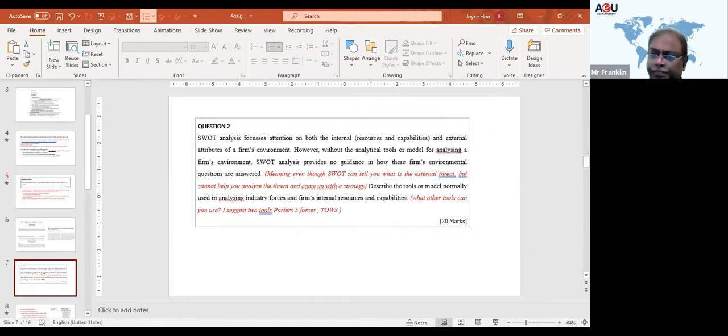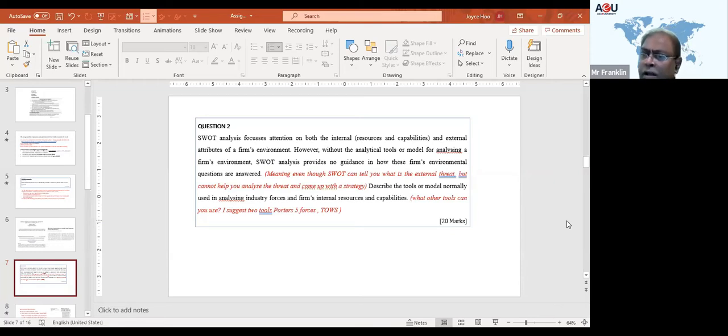Question number 2. Now, SWOT analysis focuses on both the internal, the resources and capabilities, and external attributes of a firm. We did this, right? SWOT talks about strengths and weaknesses. However, without the analytical tools or model for analyzing a firm's environment, SWOT analysis provides no guidance on how these environmental questions are answered.